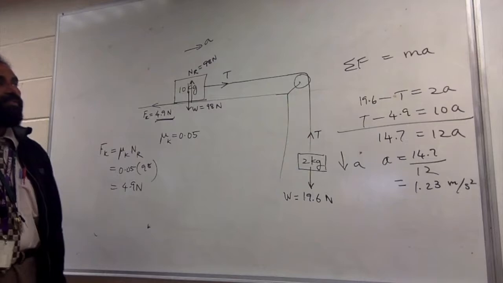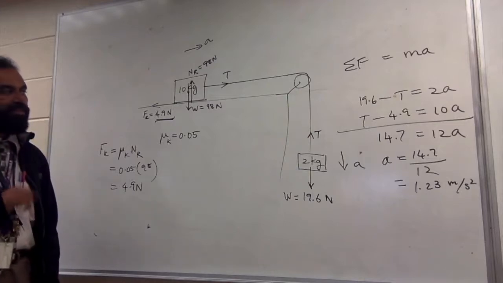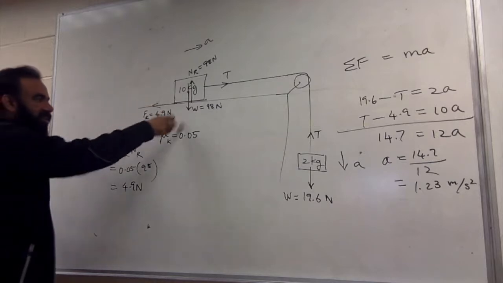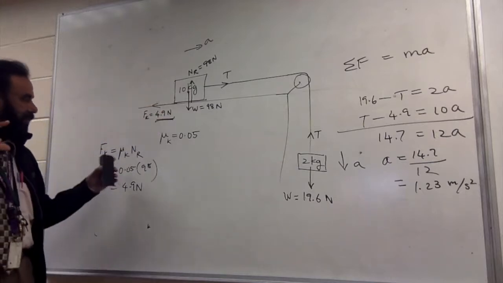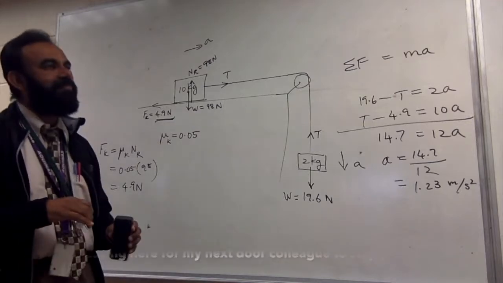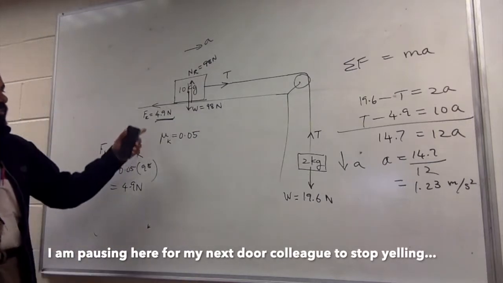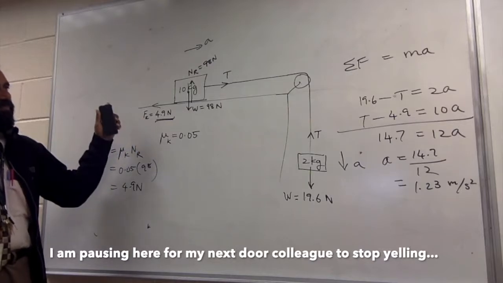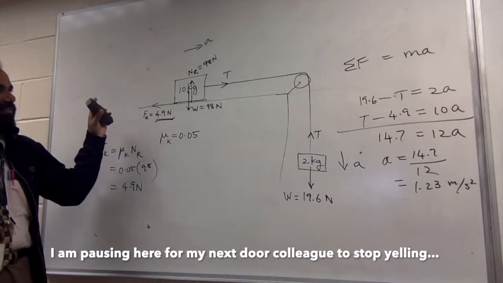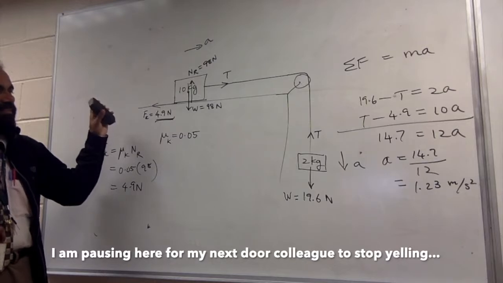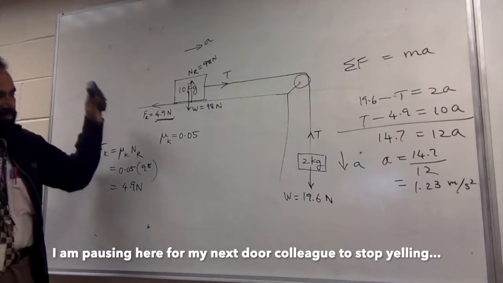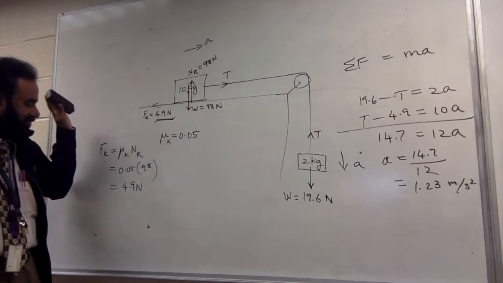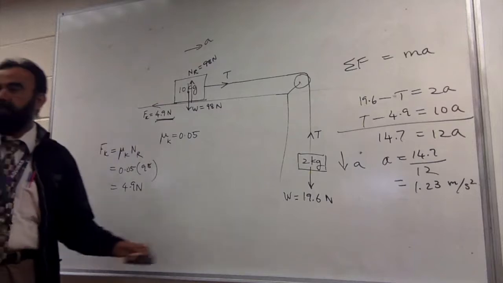So how we tackle Newton's law problems is by just drawing the diagram, putting the forces down, and remember this frictional part of it. The frictional part should be handled with care.